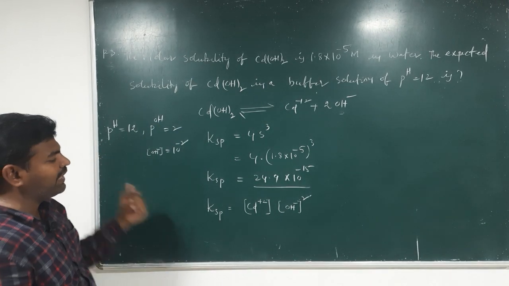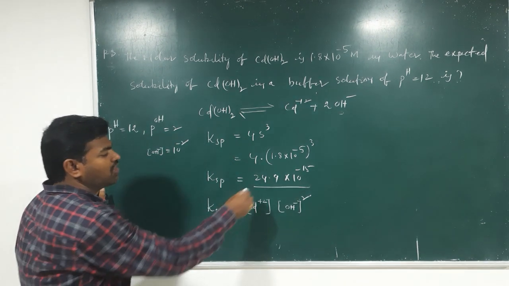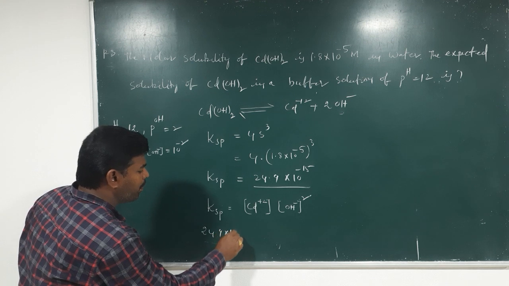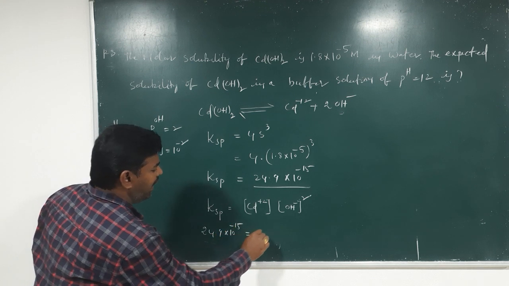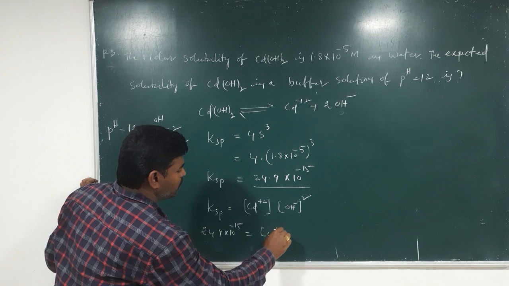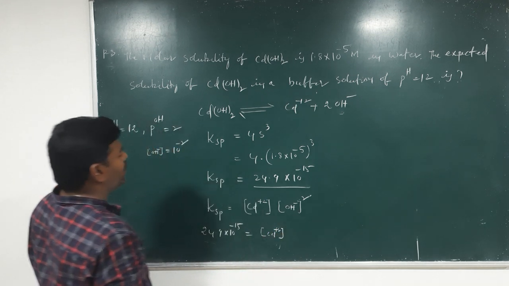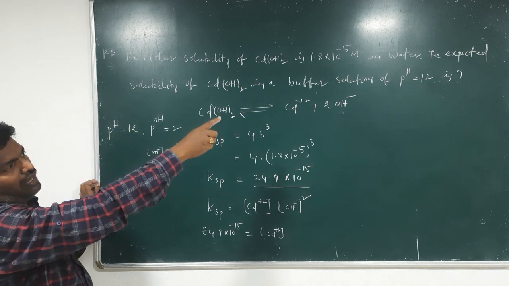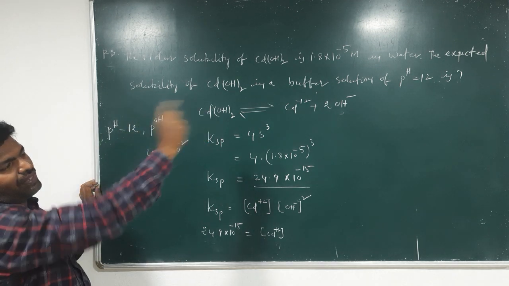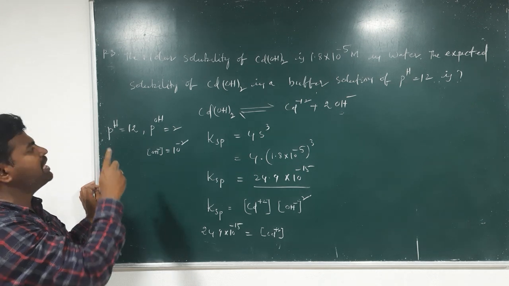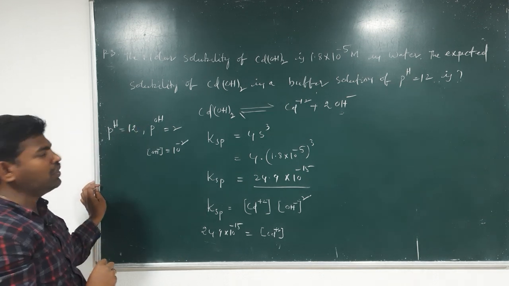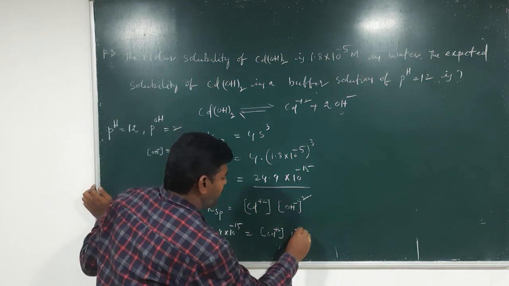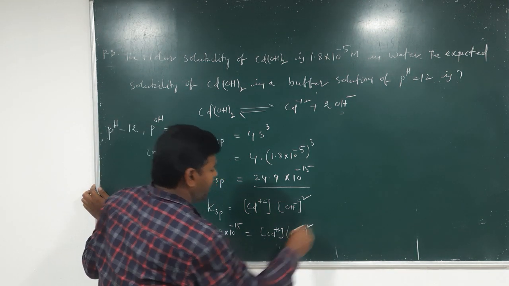We can calculate the Cd plus 2 concentration because we know the Ksp, 24.9 into 10 to the power of minus 15, and we know the concentration of OH minus ions. They gave the pH, and we get the pOH from pH 12, because pH plus pOH is equal to 14. So the concentration of OH minus ions is 10 power minus 2, whole squared.